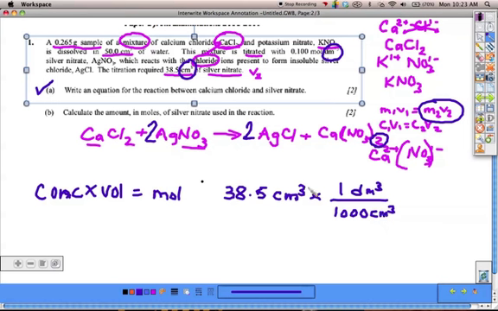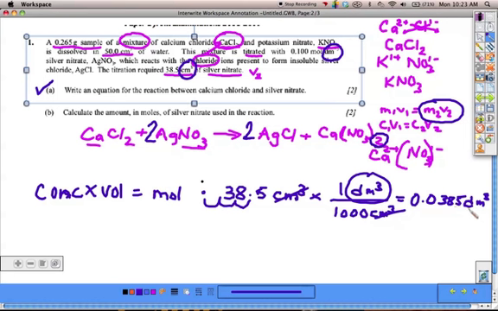My centimeters cubed cancel out because 1 is on top, 1 is on the bottom, and I'm left with a unit of decimeters cubed because it's on the top. And I have to move my decimal point over 3 times if I'm dividing by 1,000. So I have a new decimal point right there, and I'm going to fill in a 0 in my missing spot. So I have 0.0385 decimeters cubed as my volume used in my titration.